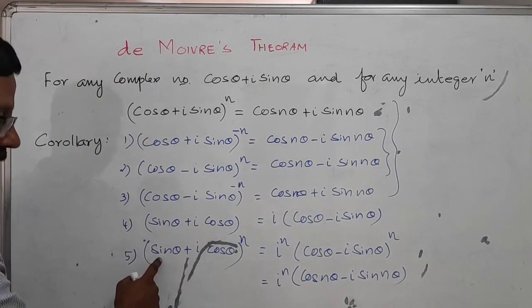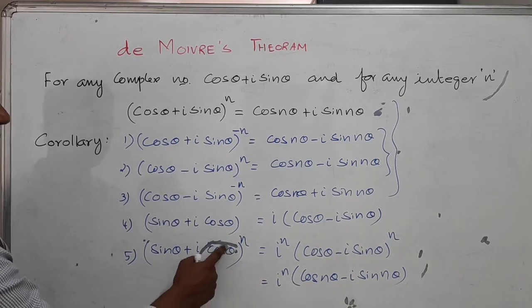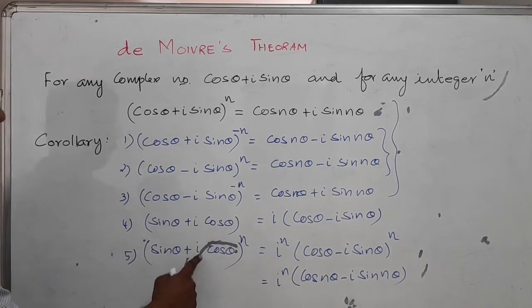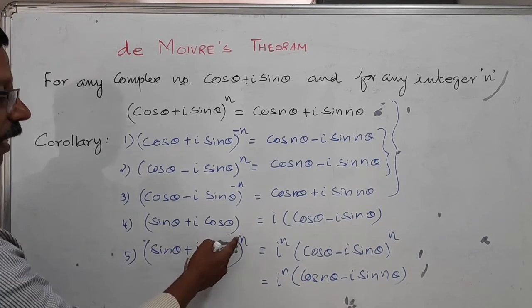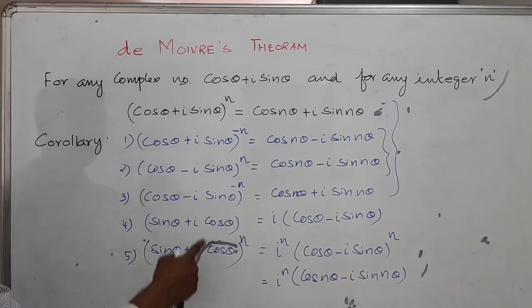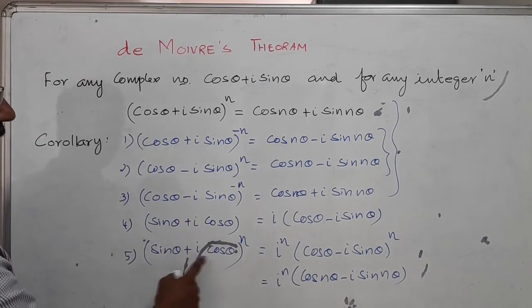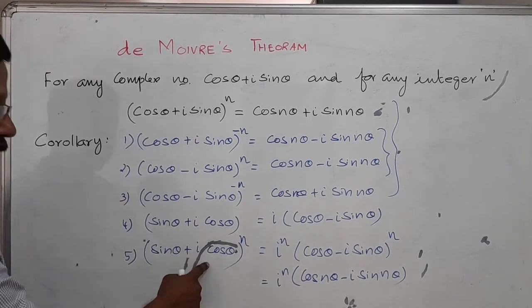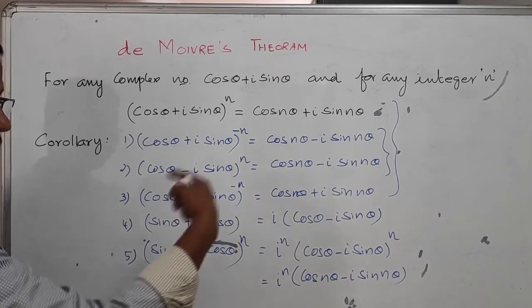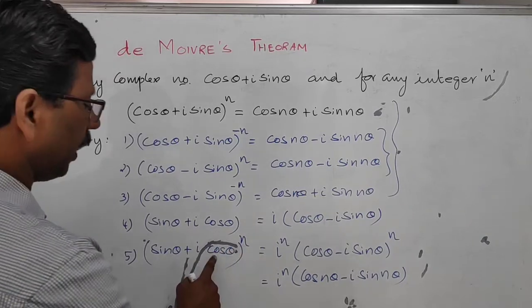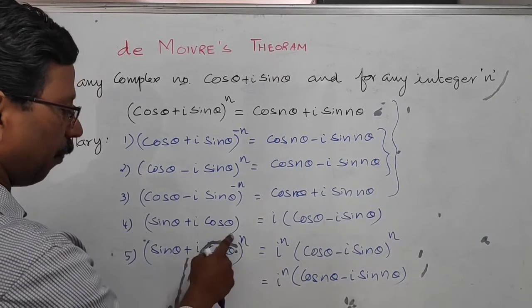Now we have sin theta plus i cos theta, which is not in the polar form. Therefore, you cannot apply De Moivre's theorem directly. For that, first of all, you have to rewrite this into polar form. Here i power n is there.